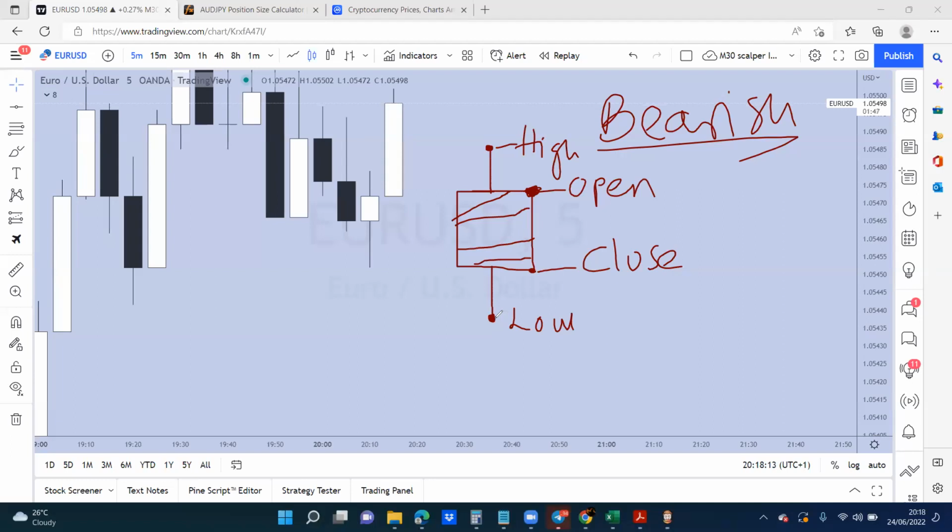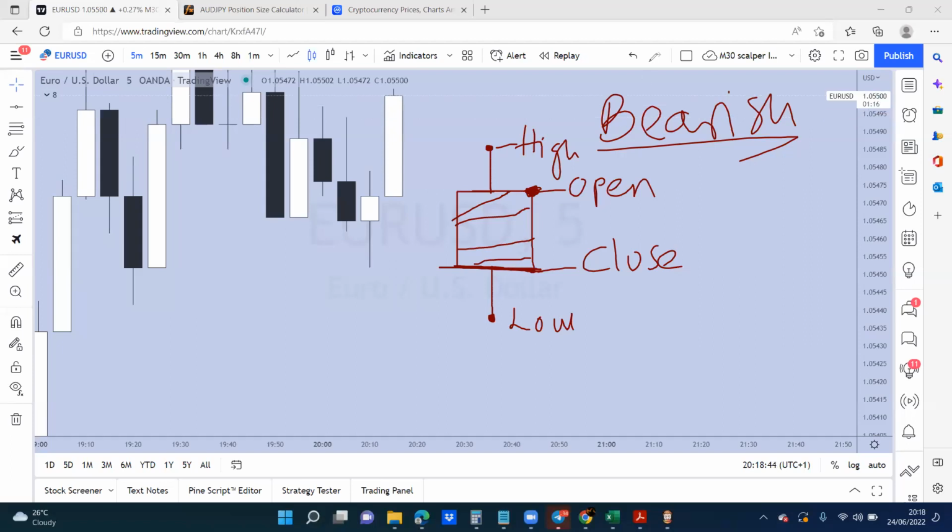And while the tug of war was still going, price was at this particular point here when the 5 minutes elapsed, and then a new candle started. Because the 5 minutes elapsed here and the candle ended its lifespan there, that point is called the close of the candle. So here we have the high, the open, the close, and the low of the candle.